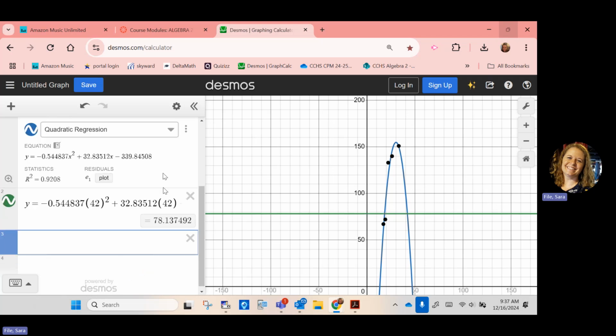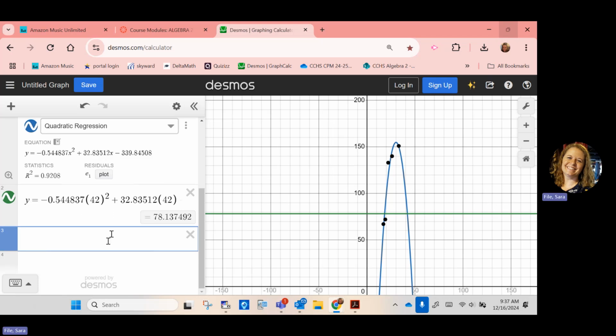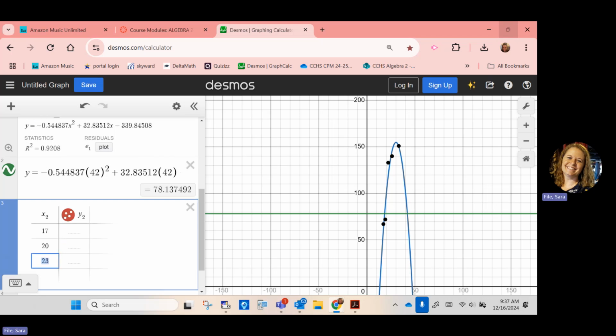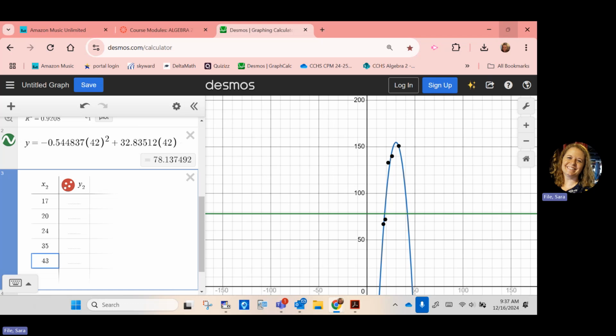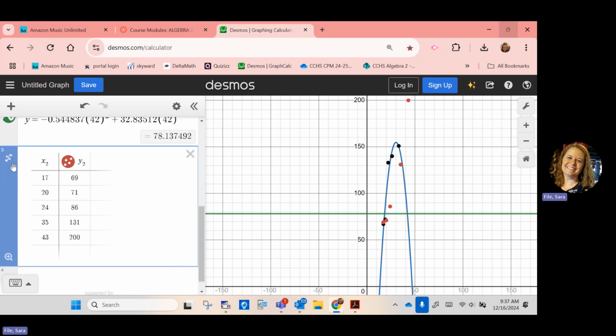Now we're going to do the same thing for company B so that we can compare them. So company B: 17, 20, 24, 35, 43, 69, 71, 86, 31, 100.